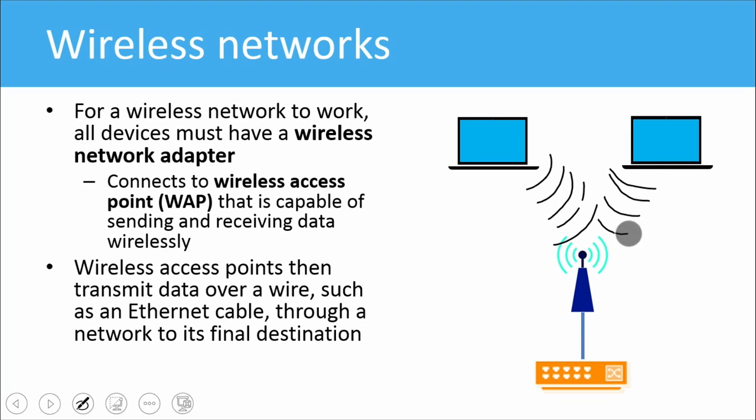That wireless access point, of course, is an essential connecting device that's capable of sending and receiving data with radio signals as well. And those access points still use Ethernet cables, right? They're connected to the internet, for instance, by Ethernet cables, copper cabling still.